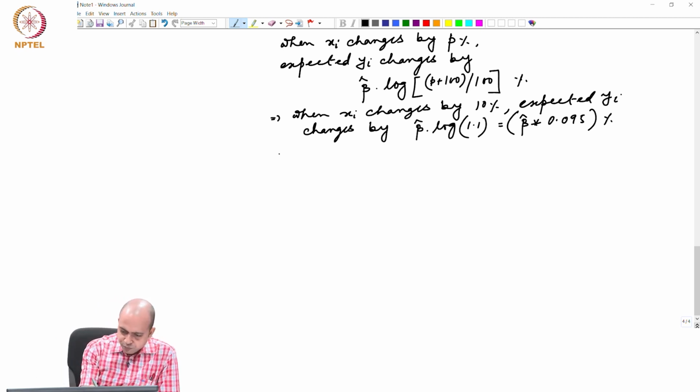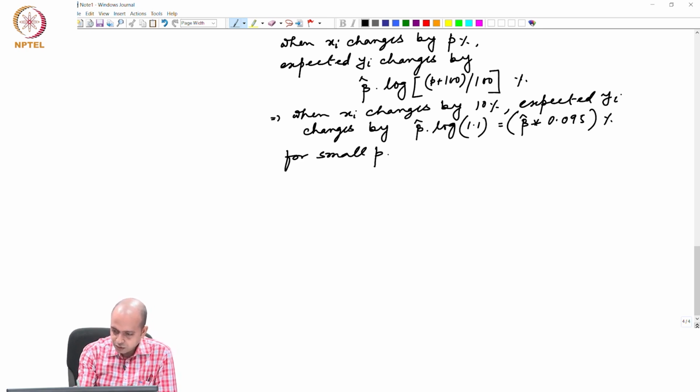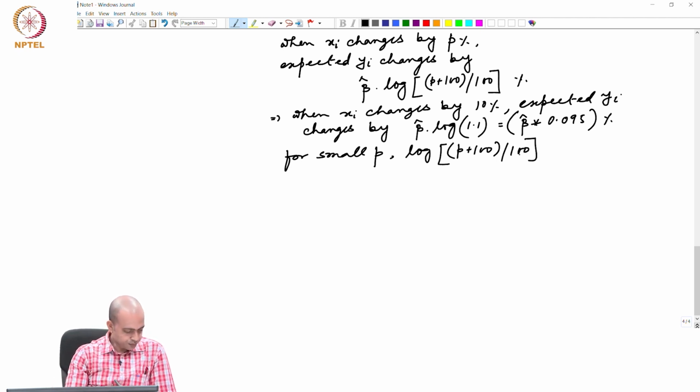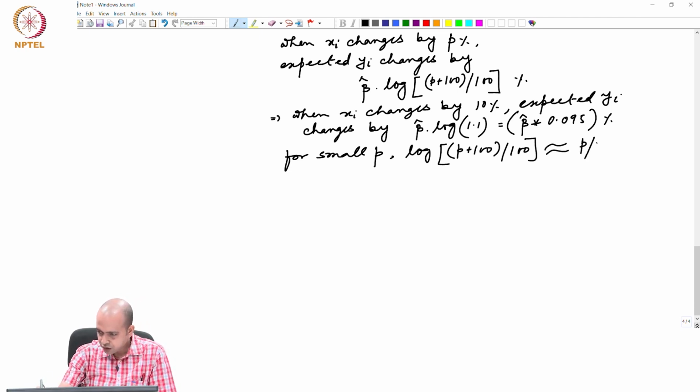For very small p, this log of (p plus 100) divided by 100 is approximately equivalent to p by 100.